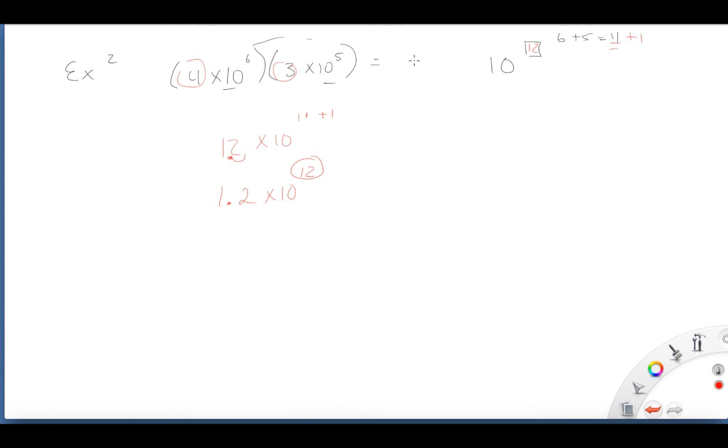I moved it, so it's 1.2 times 10 to the 12th power. Now, 12 times 10 to the 11th power is actually correct, but only in that we have one more step, and that's to move this decimal to get 1.2 times 10 to the 12th power. Okay, there's our answer. Never leave more than one digit out here with the decimal. So those are the two examples that we're going to give you for that.